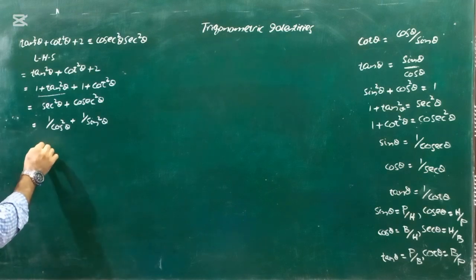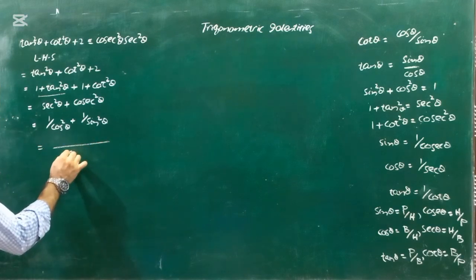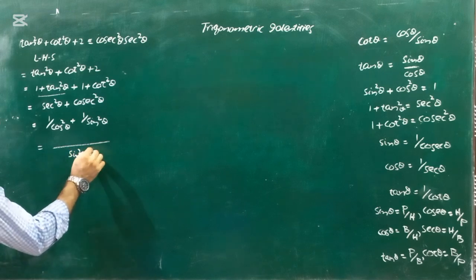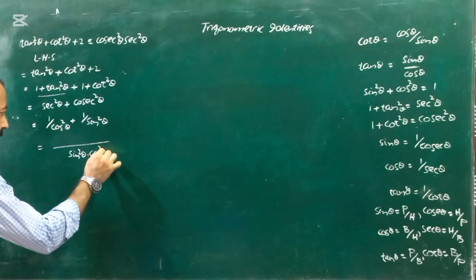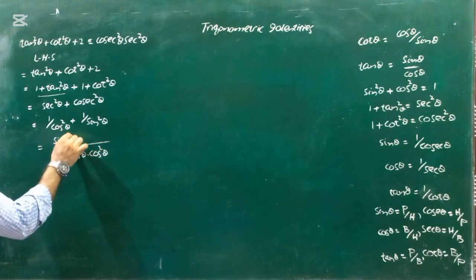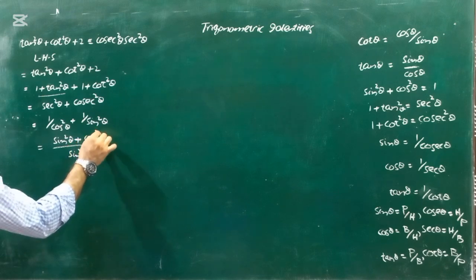At this step, we are going to take the LCM. So sine square theta cos square theta will be the LCM. Here will come sine square theta, and here will come cos square theta.